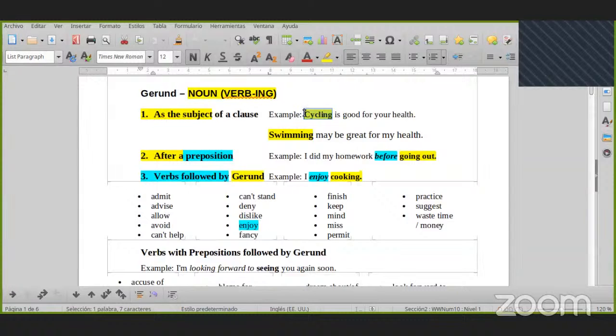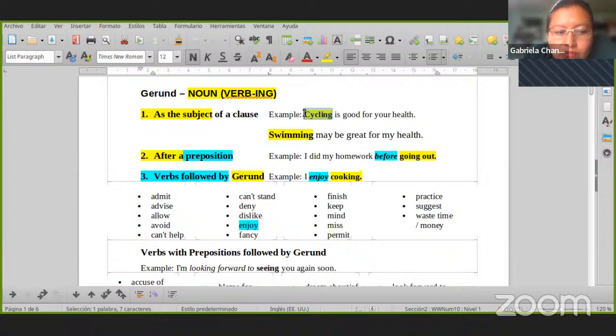So I don't have to say cycle in base form. Cycle is good for your health. No, it's incorrect. Always we use cycling with ing is good for your health.